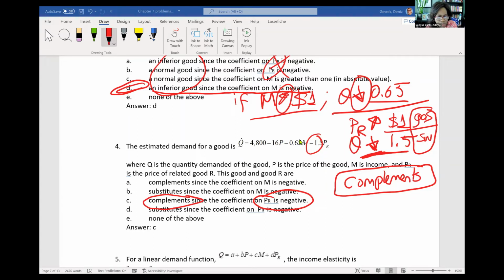Same thing for B, because again, it's poking at M. So really the only two of consideration are C and D. And D says substitute since the coefficient on PR is negative. Since we know it's a complement due to PR going up and consumption going down, because it says it in the problem, right? Perfect. Exactly. Got it.